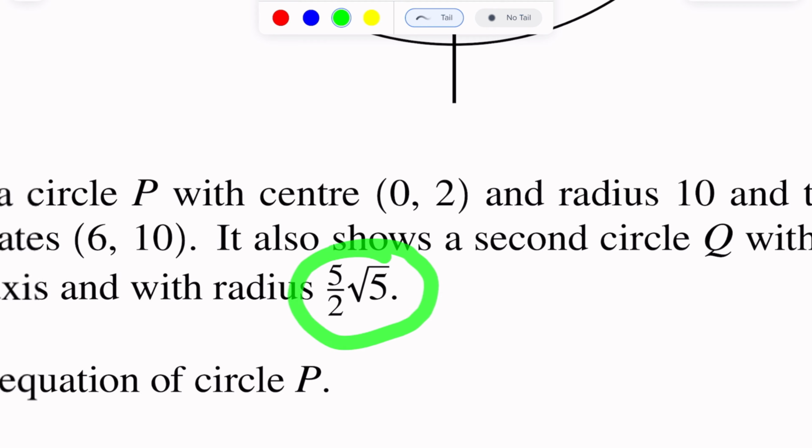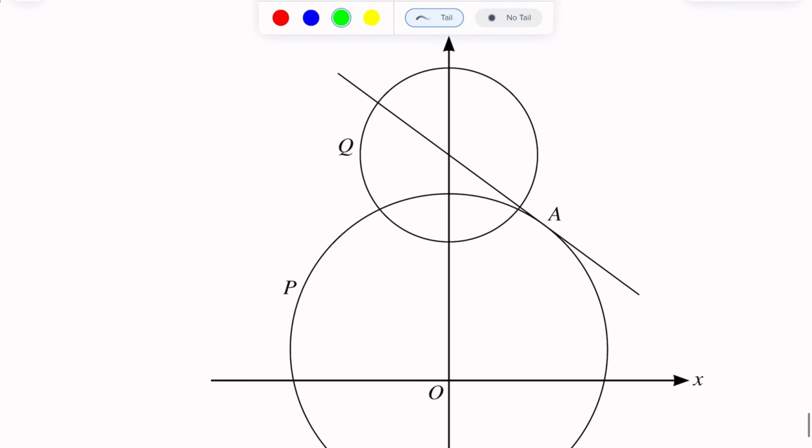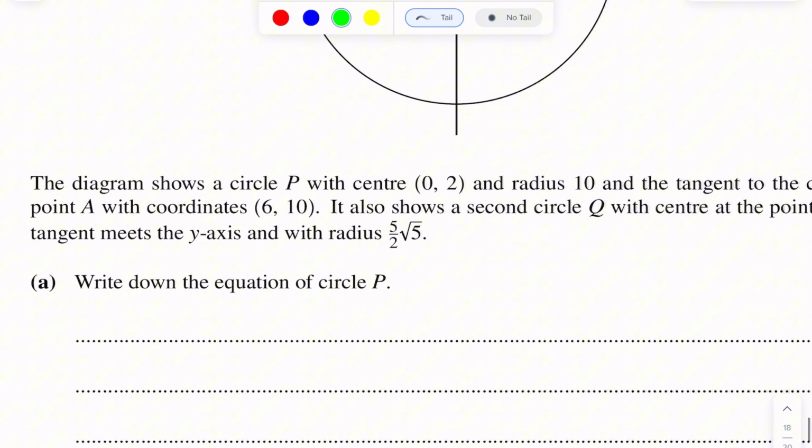This is the radius of the circle Q. And this is the center of the circle Q, because it is given.